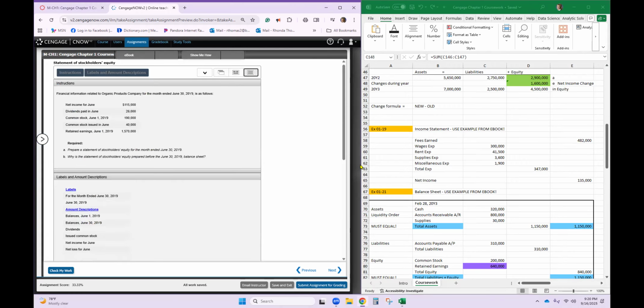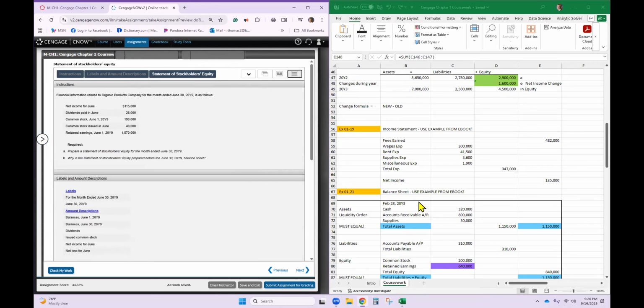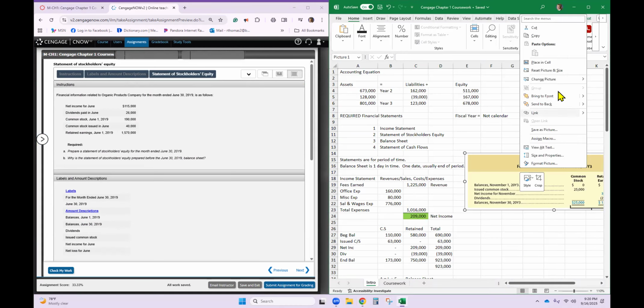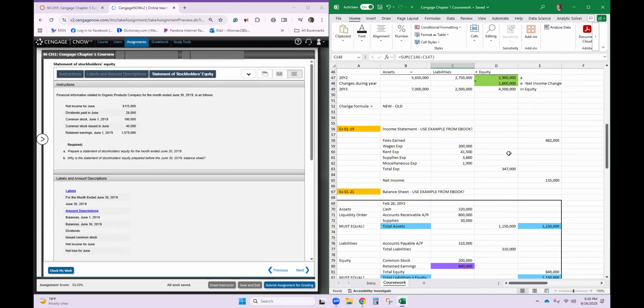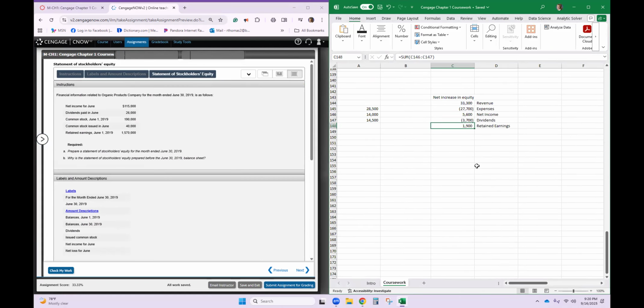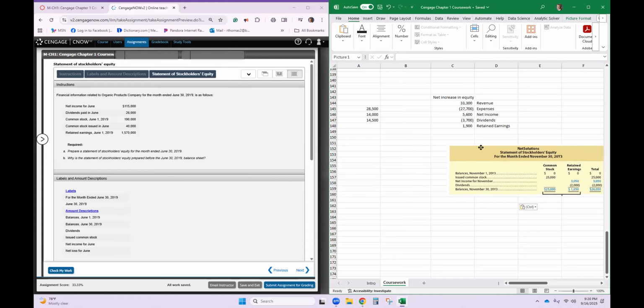Okay, and then we'll move this over a little bit. And if you go back to the intro, statement of stockholders' equity, I'm going to make a copy of this and bring it with us. I'm doing a couple different problems than I've done before, so I'm just making some different notes here.